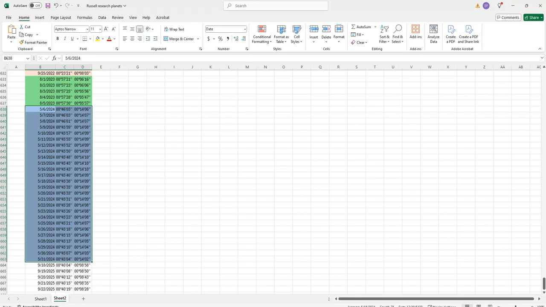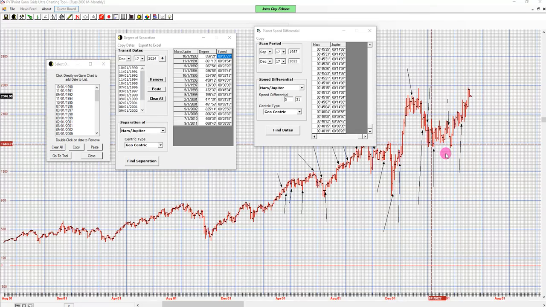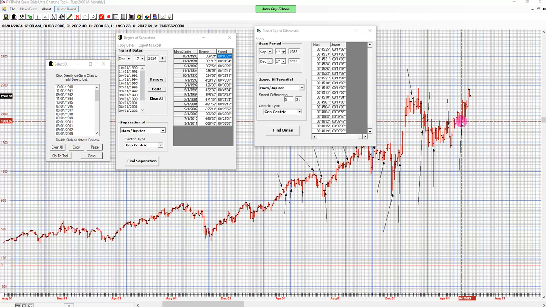So let me go to the chart and take a look at this 5/6 to 5/31 area. I'm looking at the monthly. So looking at the monthly chart here, this was May of 2024 right here, where I have this arrow. You can see how the market was already in a consolidation mode.